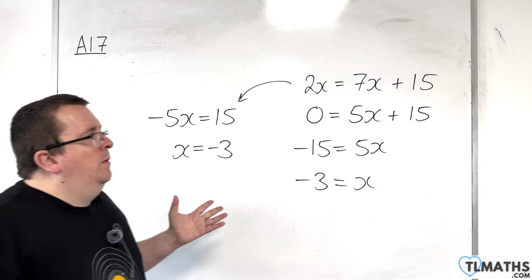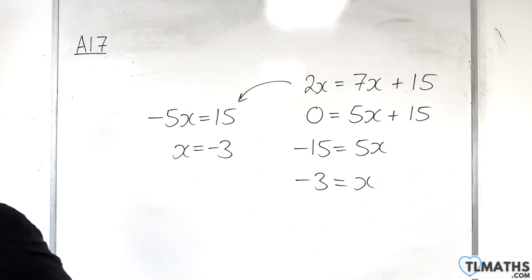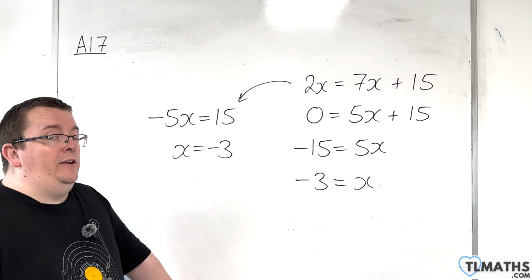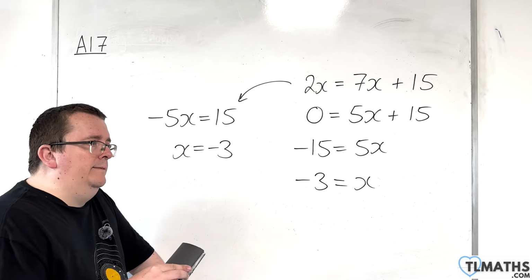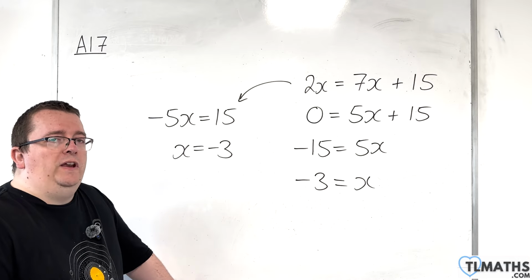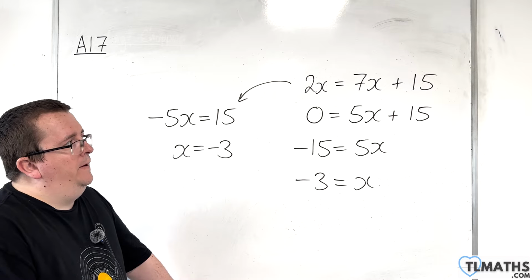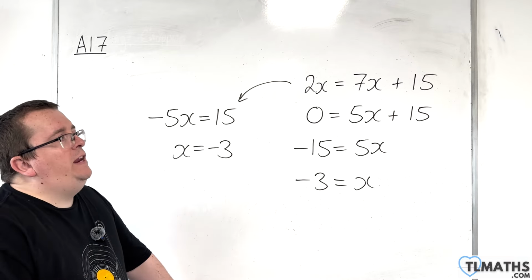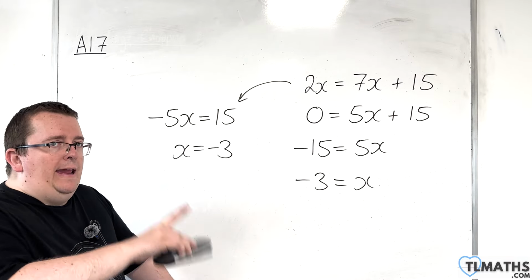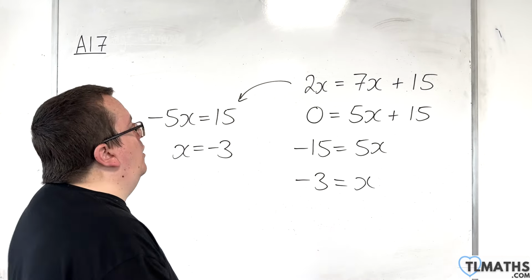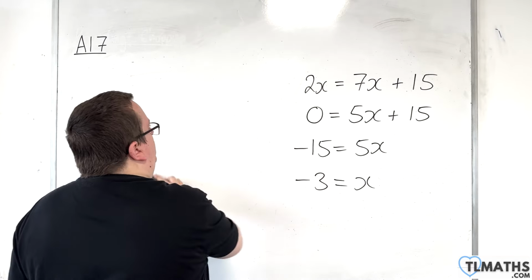So what I'm trying to do when I'm solving an equation like this is I'm trying to isolate the x. My target is, when solving an equation, to get x equals, okay? So the more I can make the equation look like x equals, the better. That's essentially what my process here is, okay?